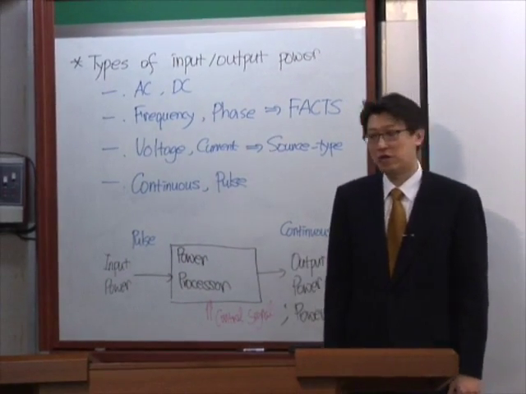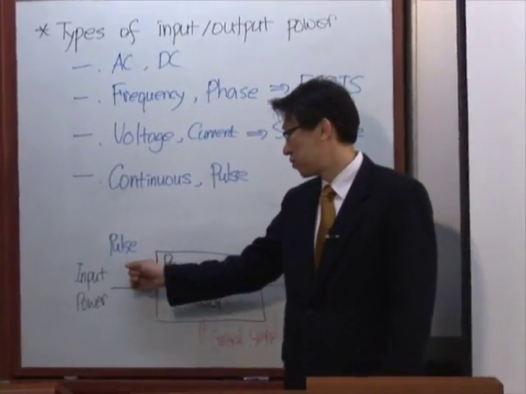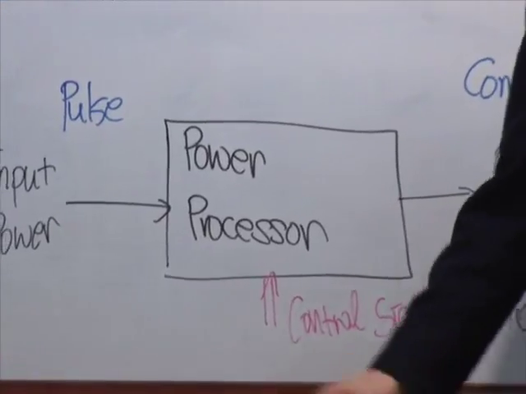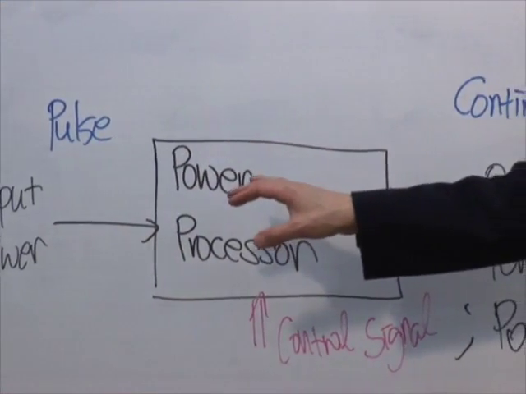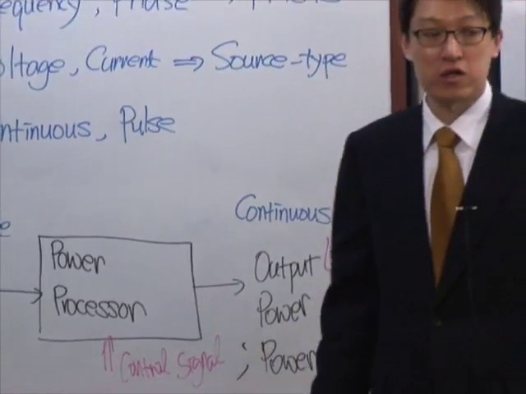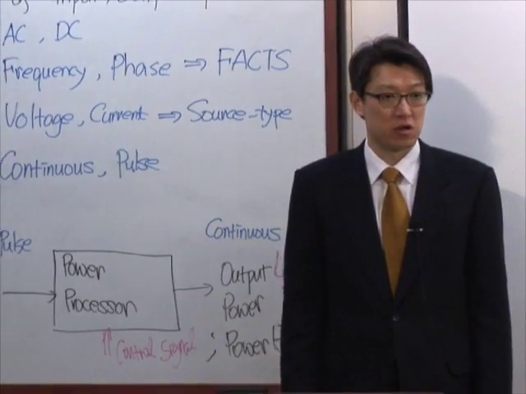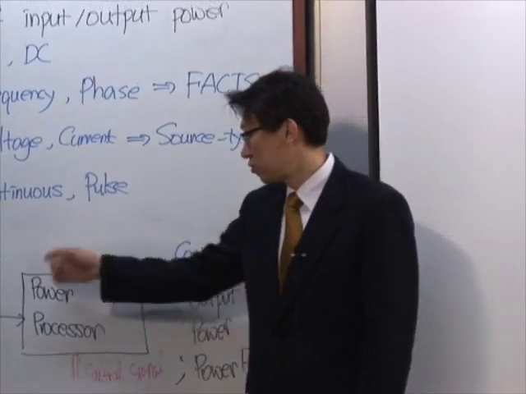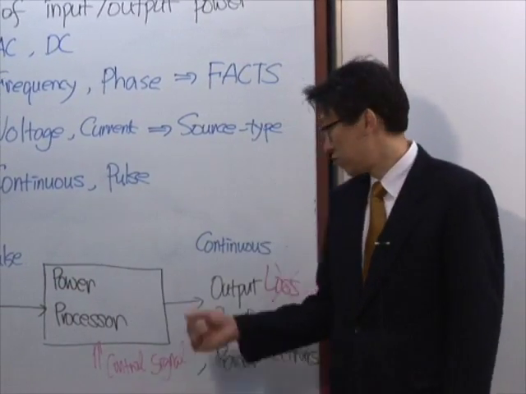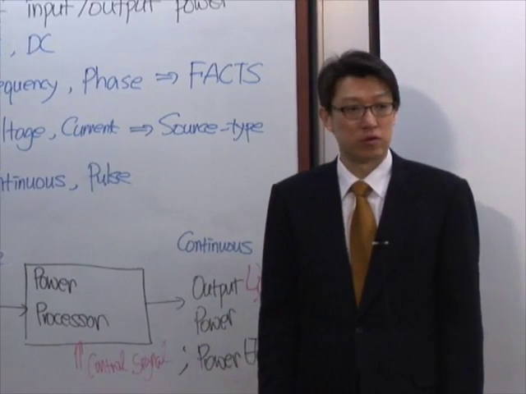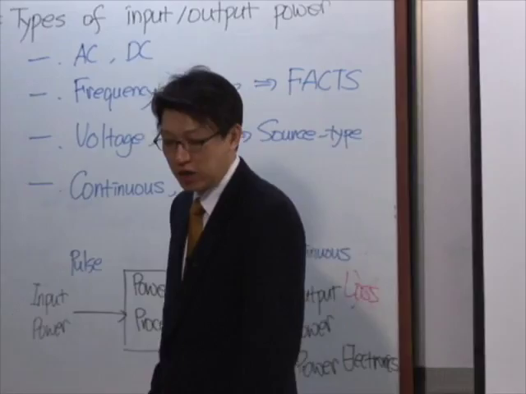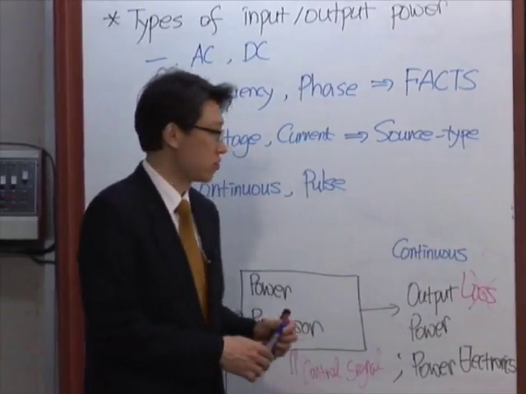Somewhere, if it's cloudy, the power doesn't come from the solar cell. So we have to store or accumulate the power and then release it to the residential area continuously. So we need this kind of power processing to deal with a pulse-type source to make it a continuous output. Okay? These are all handled by intelligent power electronics converters.